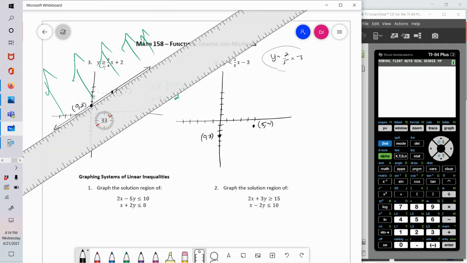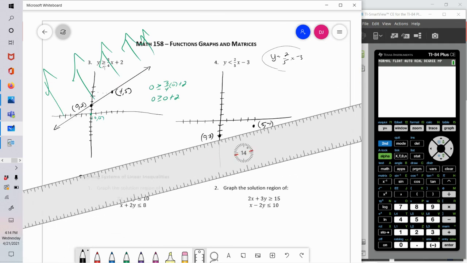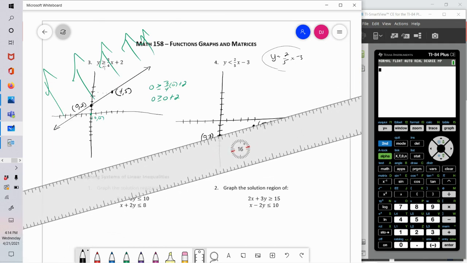Now when I go to draw this line, I ask myself, is the line going to be solid or dotted?